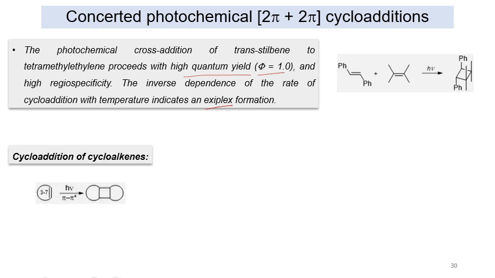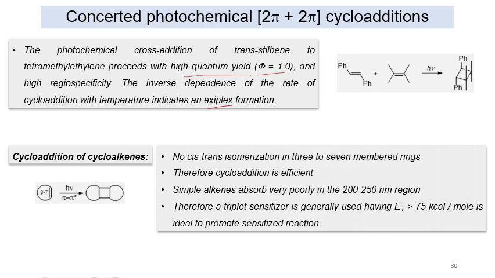Let's see now the cycloaddition of cycloalkenes. In the case of cycloalkenes, in 3 to 7 membered rings, there is no possibility of cis-trans isomerization that was possible with acyclic olefins. Why? Because the trans olefin is not stable in rings smaller than 8 membered.